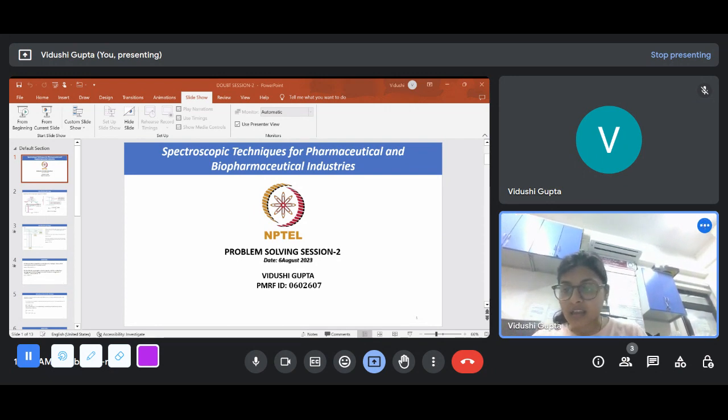So let's see in this diagram. When the transition is from a higher orbit to the first orbit, that is n equals 1, the first shell, then it belongs to the Lyman series, and it will be in the UV region. Now, if you look at this transition, it is from a higher orbit like n equals 5, 4, 3 to the n equals 2 state, and this is the Balmer series, obtained in the visible region.